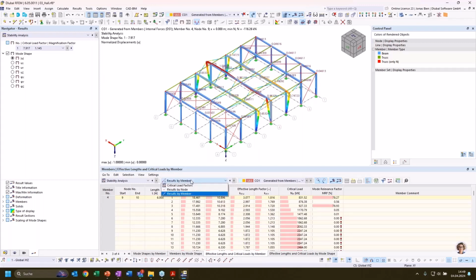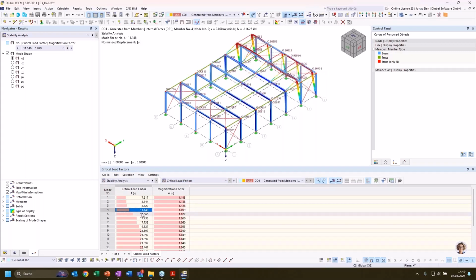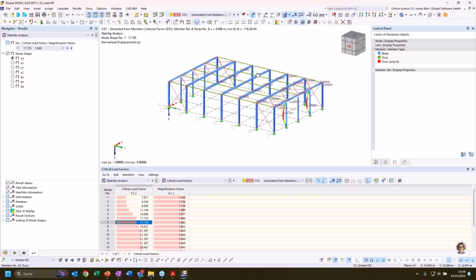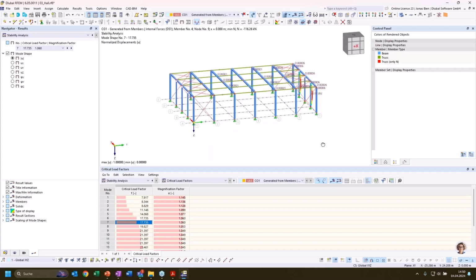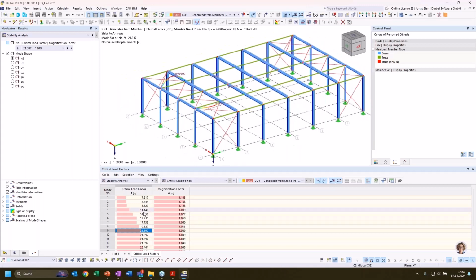So again, as before, I have now 20 critical load factors and mode shapes, and I can of course browse through them, and I see some of them involve some deformation or buckling of the frame where this column is involved. Some of them are only some isolated buckling of those columns here, or some compressive member in the roof. So these wouldn't really interest me.